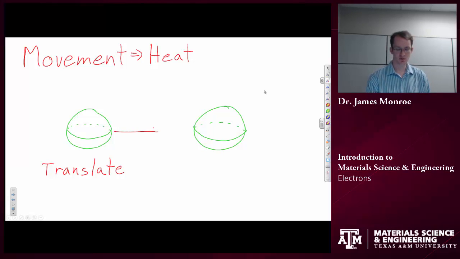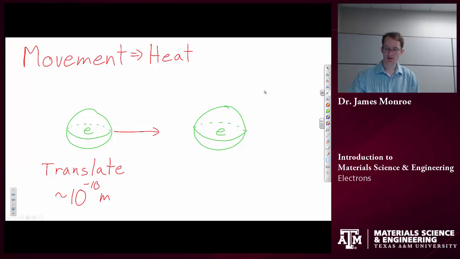An electron moves from one location to another in a straight line. And that movement is on the order of 10 to the negative 10 meters. That's really, really small. It's on the order of an angstrom. Very, very small movement of an electron.